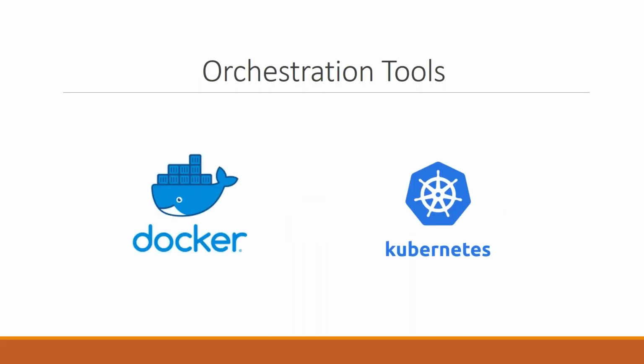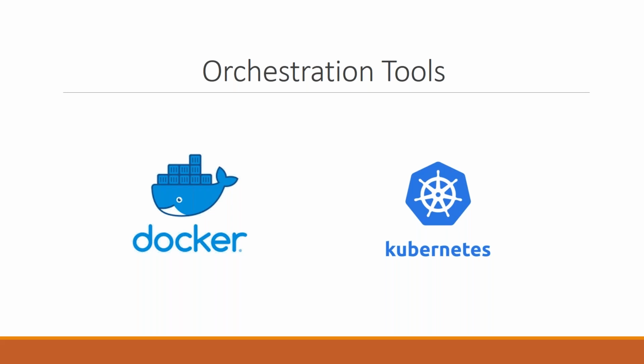And then orchestration tools. As the name itself indicates, orchestra: in European or Western countries, if you observe, there will be an orchestra. There will be one person who makes some kind of signs using his hands and sticks. Based on that, the other people will play the music, right?